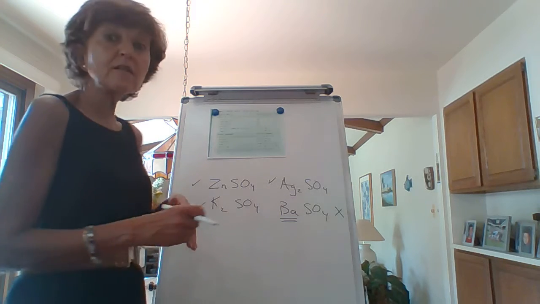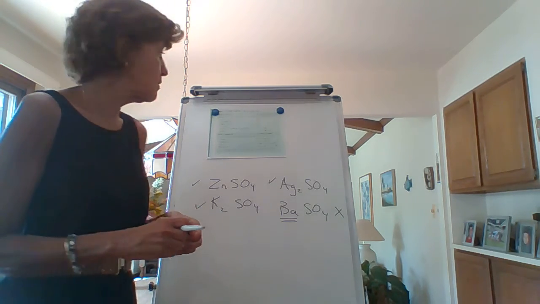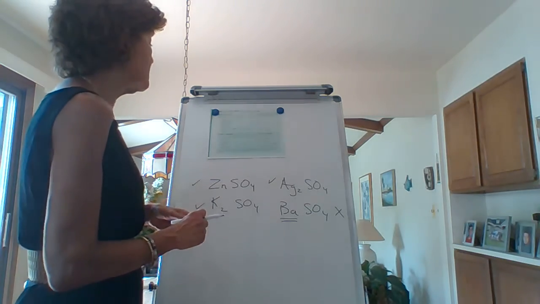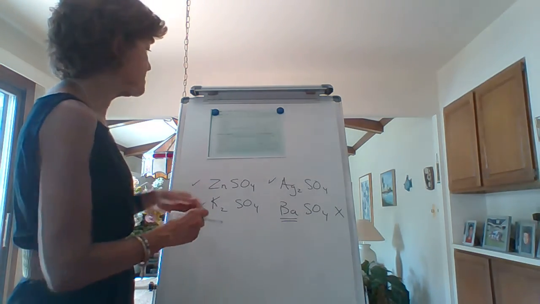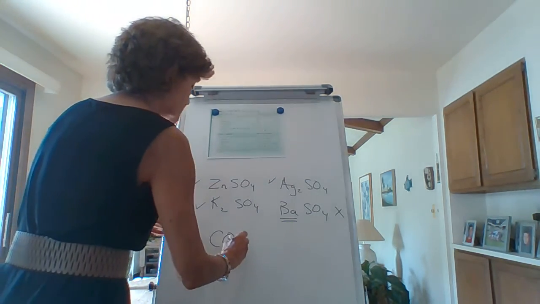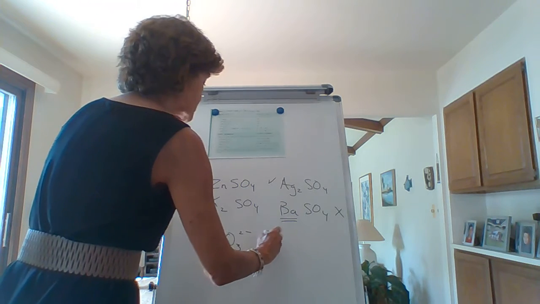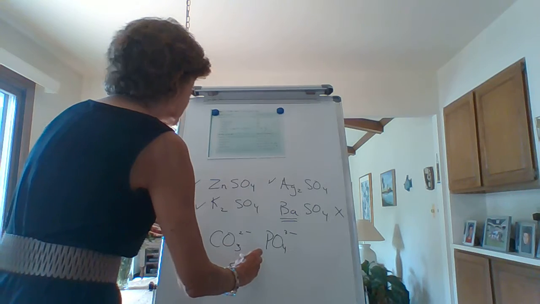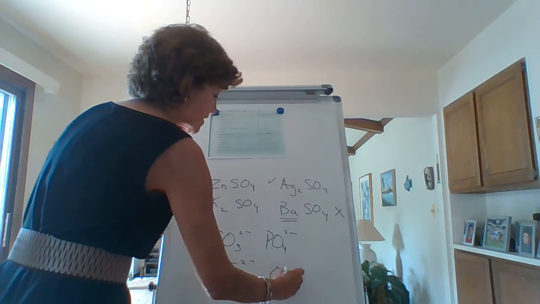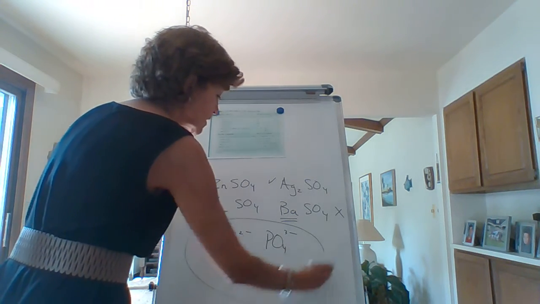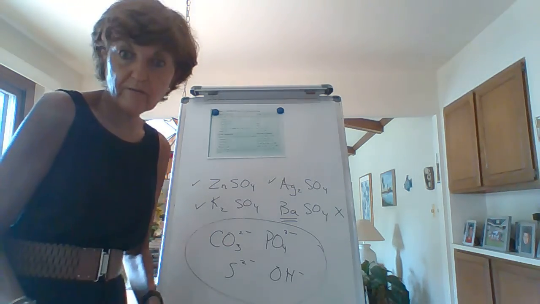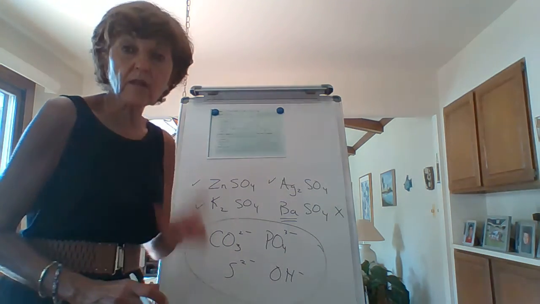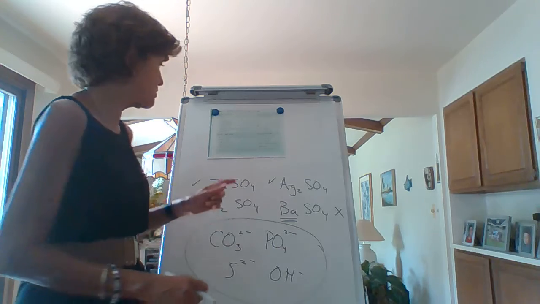All right. Now let's focus on the insoluble ionic compounds. And these are the ones that have carbonates, anything that has a carbonate, a phosphate, a sulfide, or a hydroxide. So these ions are the red flag for insoluble. However, there are exceptions.